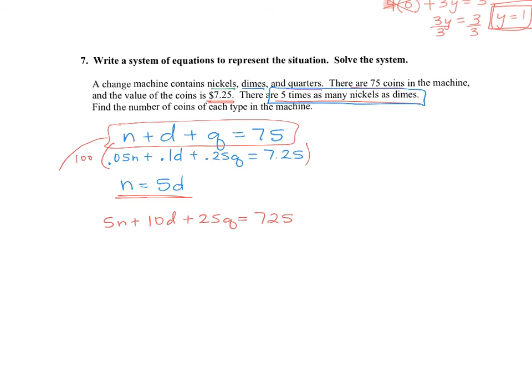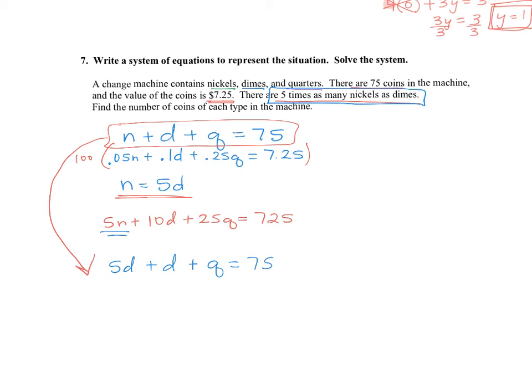I'm going to go a little bit lower so we're not throwing you off. So I'm going to say 5d plus d plus q equals 75. Then I'm going to substitute my 5d in place of n here as well.